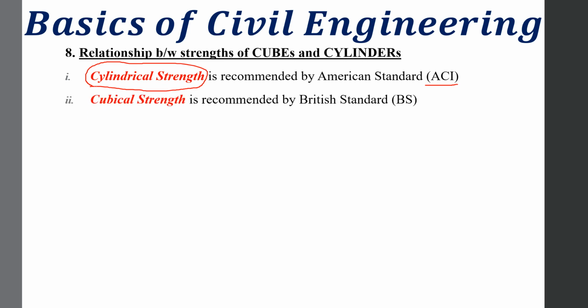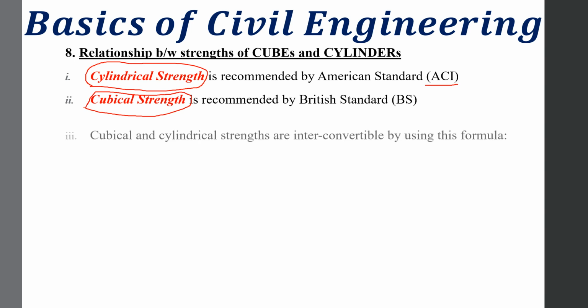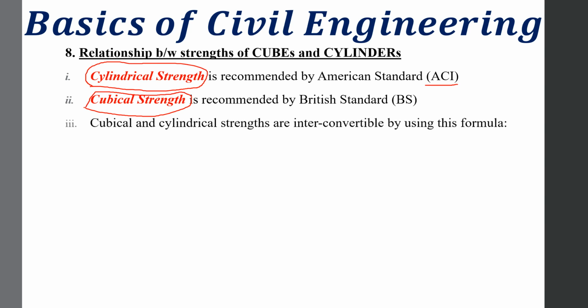And British standard recommends testing cubes to determine the cubical compressive strength of concrete in the lab. Cubical and cylindrical strength are interconvertible by using this formula, and the formula suggests that cubical strength is always 1.25 times the cylindrical strength. This means that cylindrical strength is somewhat less as compared to cubical strength.